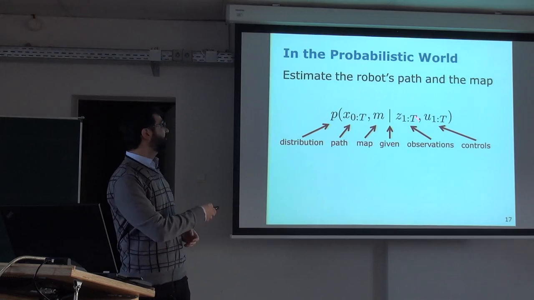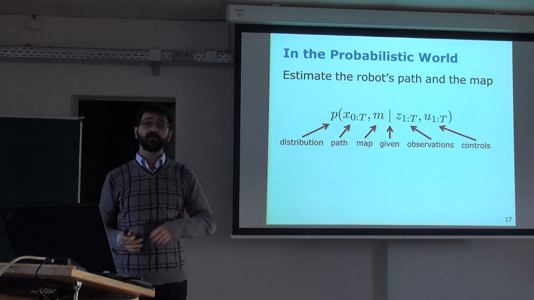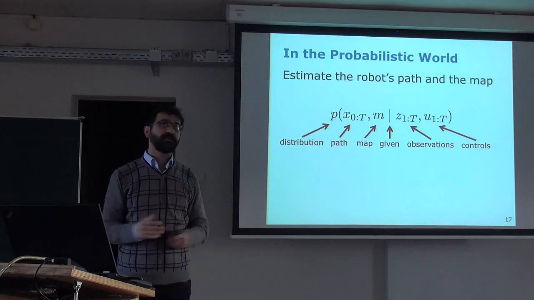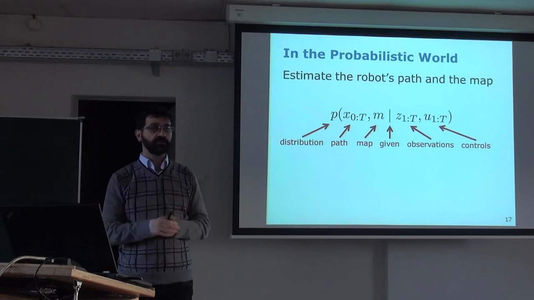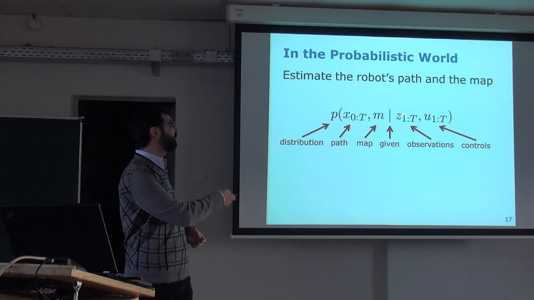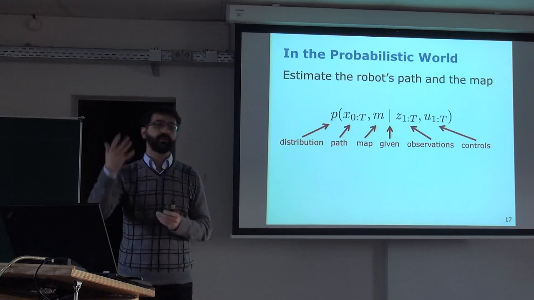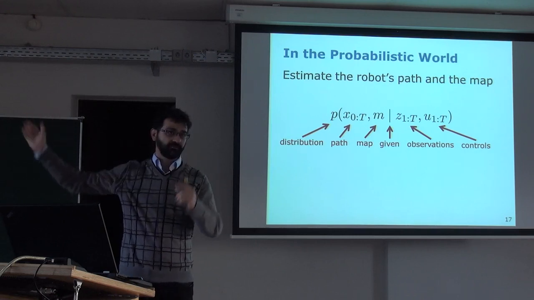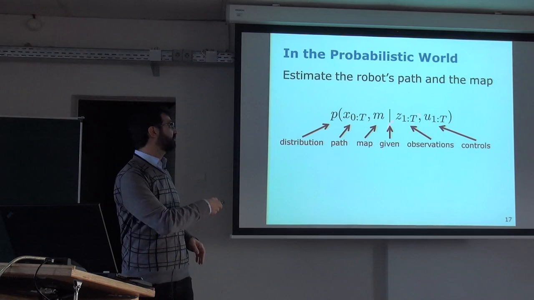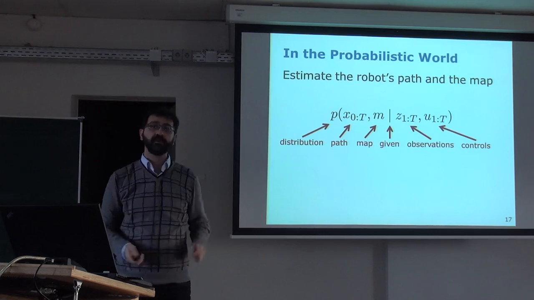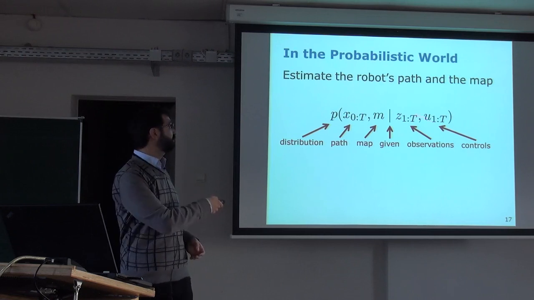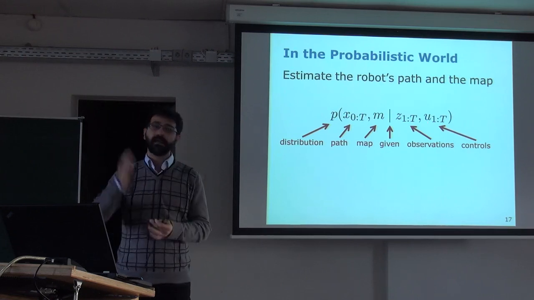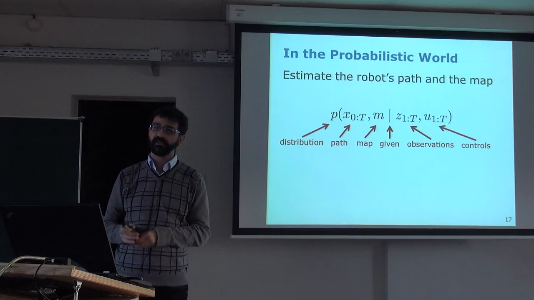If you happen to have continuous signals, then instead of a sequence of variables this would be a stochastic process or function. But in this case we just consider discrete indices. And for simplicity, we assume that all the sensors, the external one and the internal one, have the same clock and come at the same discrete time.